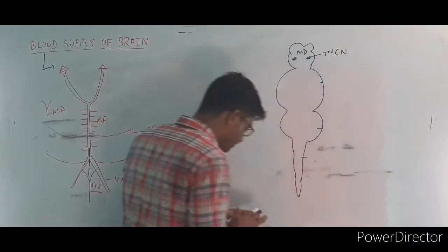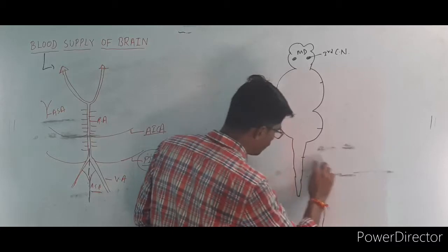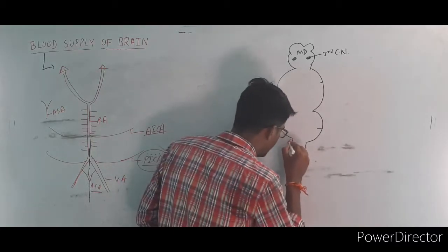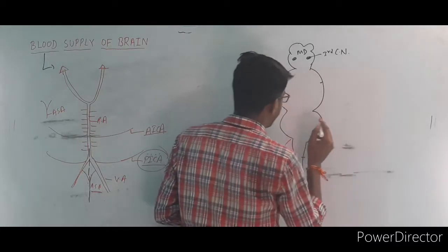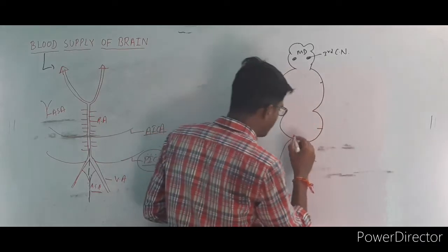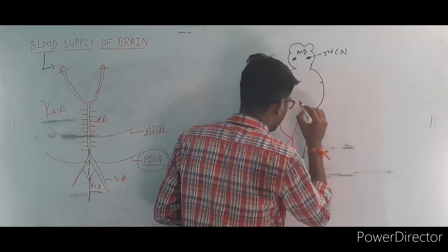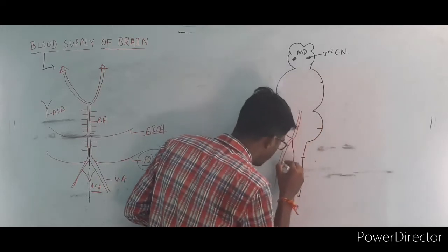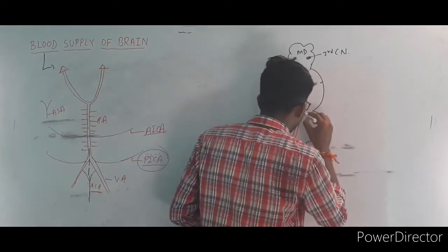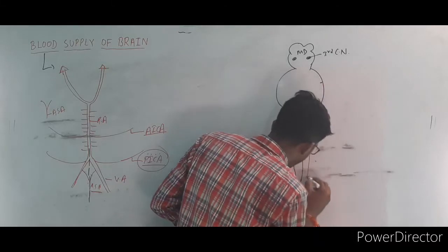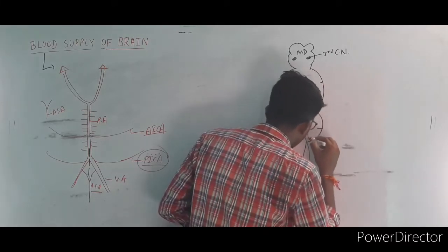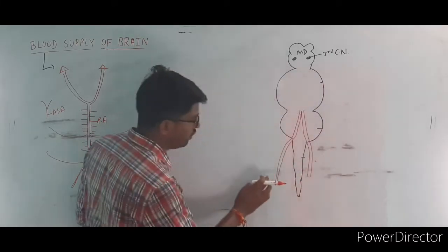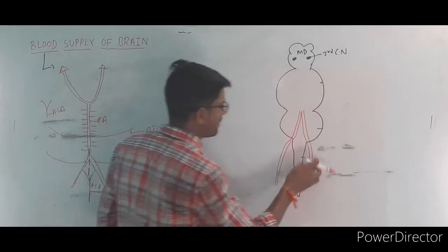Now what I actually want to show you is this. Here is the pons and this is the medulla, right? So here is one artery. This is the vertebral artery. From the other side, this is the second vertebral artery.